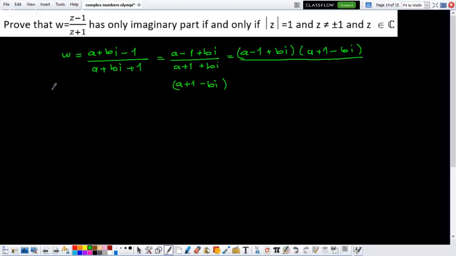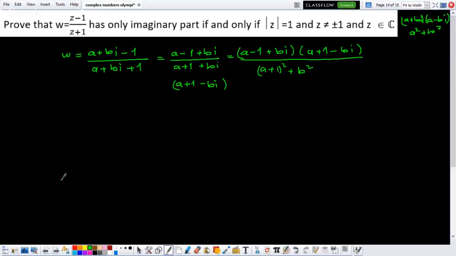And if you remember, we said A plus BI times A minus BI is equal to A square plus B square. So directly I'm going to write, when we multiply, A plus 1 parenthesis square plus B square.